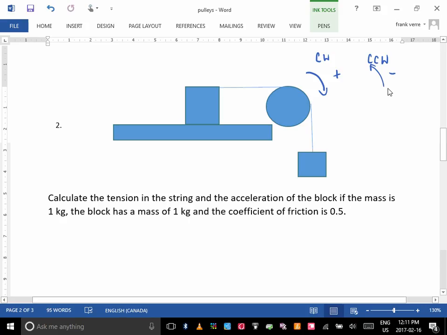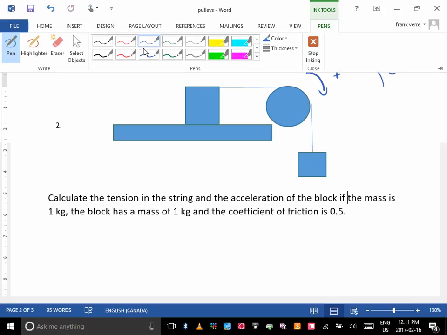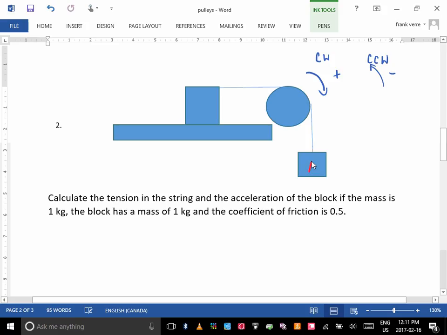Okay, so let's think about the forces acting on this system. We have two blocks, A and B. And by the way, in these questions, you're going to assume there's no friction in your pulley, because we didn't consider friction in the pulley in the previous example.